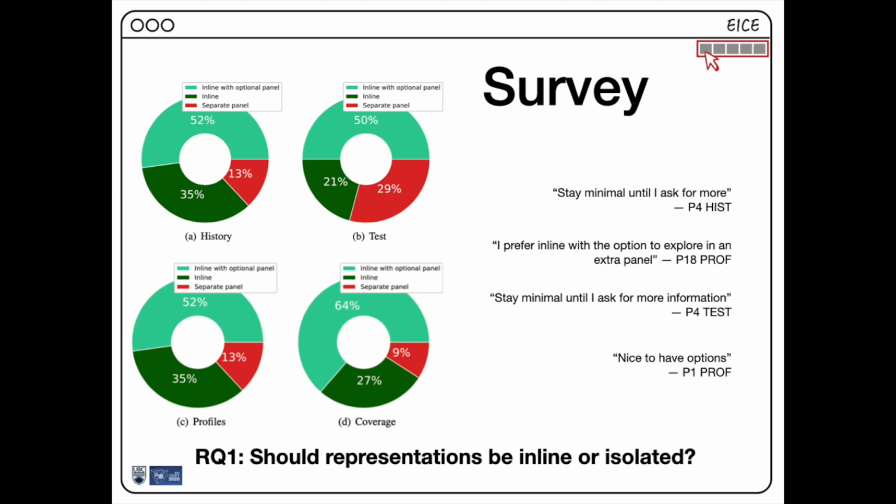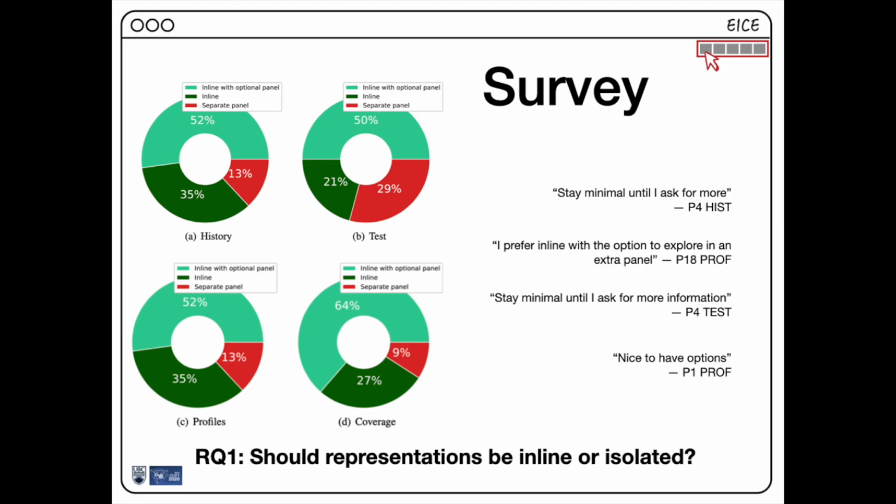For those respondents who prefer separate panels, their primary rationale was that separate panels enable them to only consider additional information when it is needed. A few participants want to be able to combine both inline and independent representations because they like to have options.